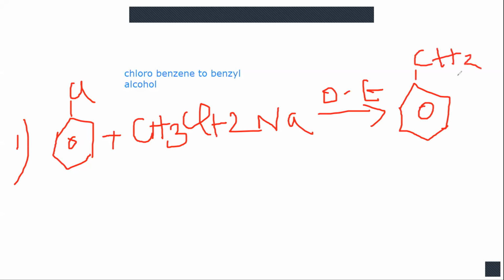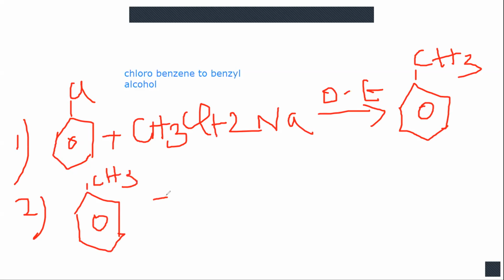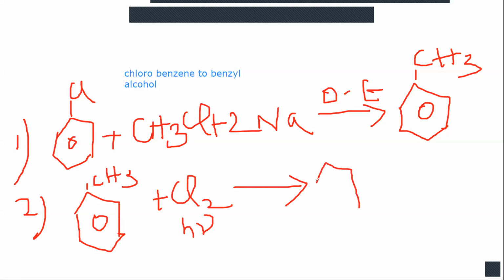Then step 2 of this conversion is take toluene and do the side chain halogenation. So take toluene, add chlorine in the presence of light. Here you have to be very careful. So chlorine and light, if you use, the halogen will get substituted outside the benzene ring.